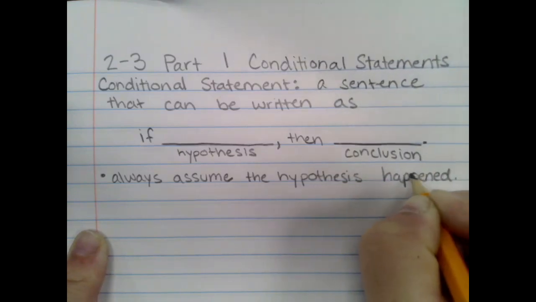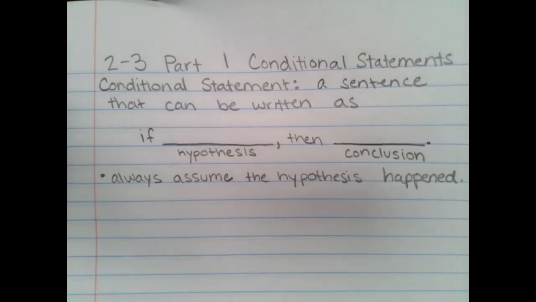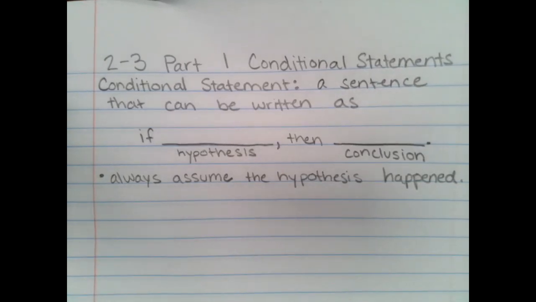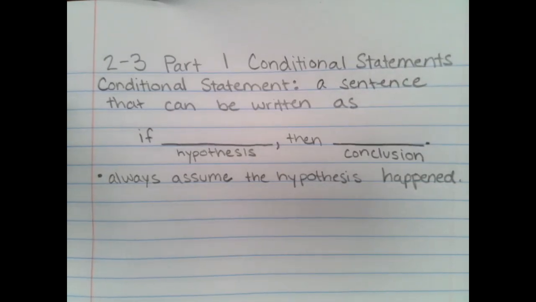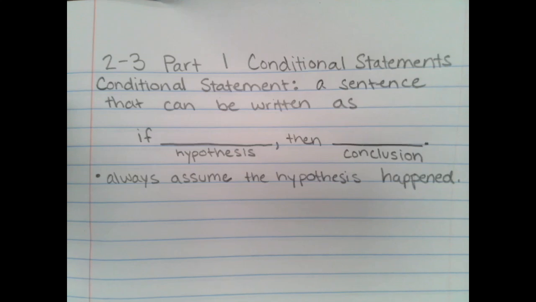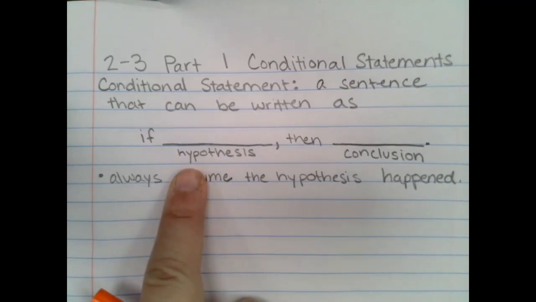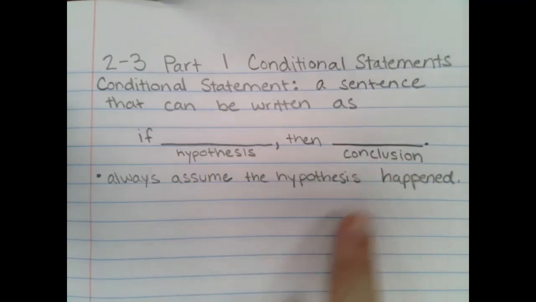Now, this is different than the hypothesis in science. In science, your hypothesis is kind of like a guess, right? In this case, when we talk about hypothesis, we're talking about a condition, something that needs to happen first. So once this happens first, then the second thing happens.